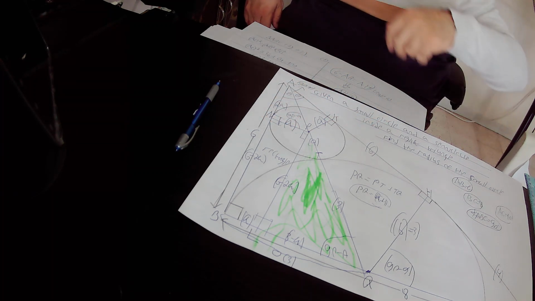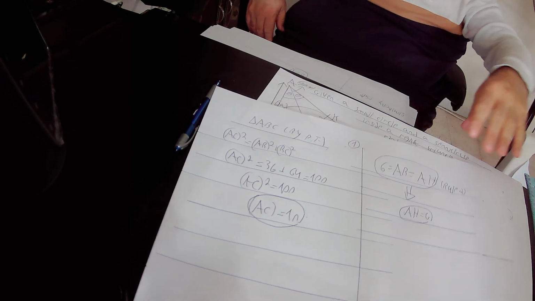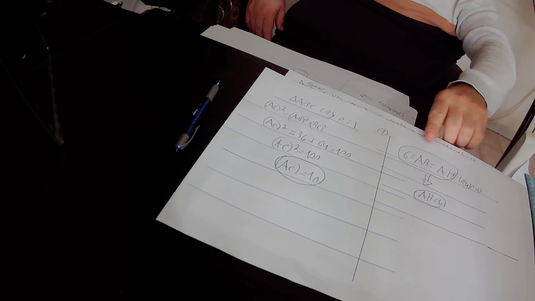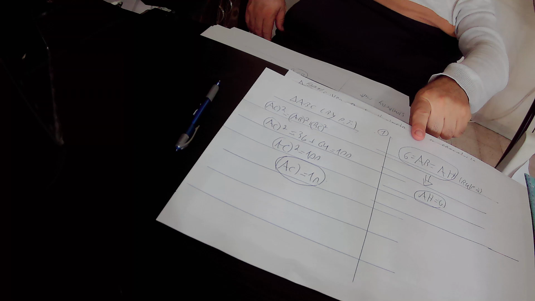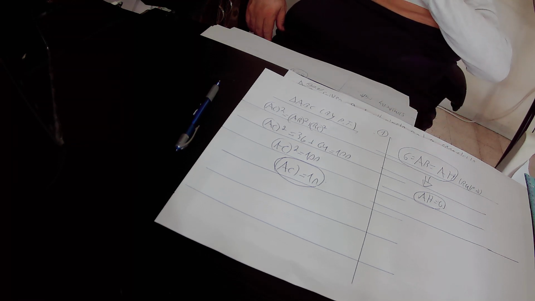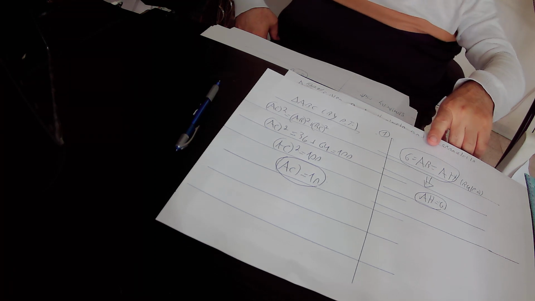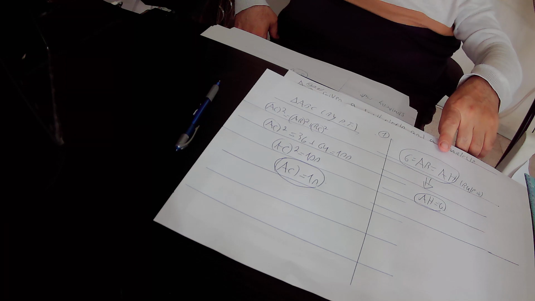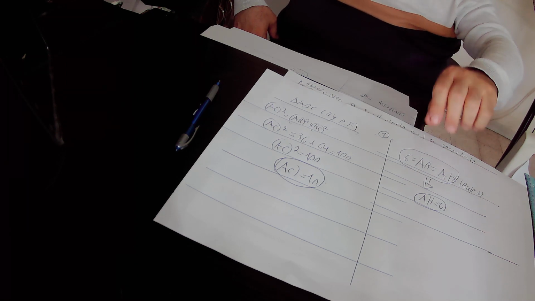According to rule 2, they are equal to each other. AB equals AH according to rule 2. But it is given in the question that AB equals 6. So from the equation 6 equals AB equals AH, we derive that AH also equals 6 units in length.